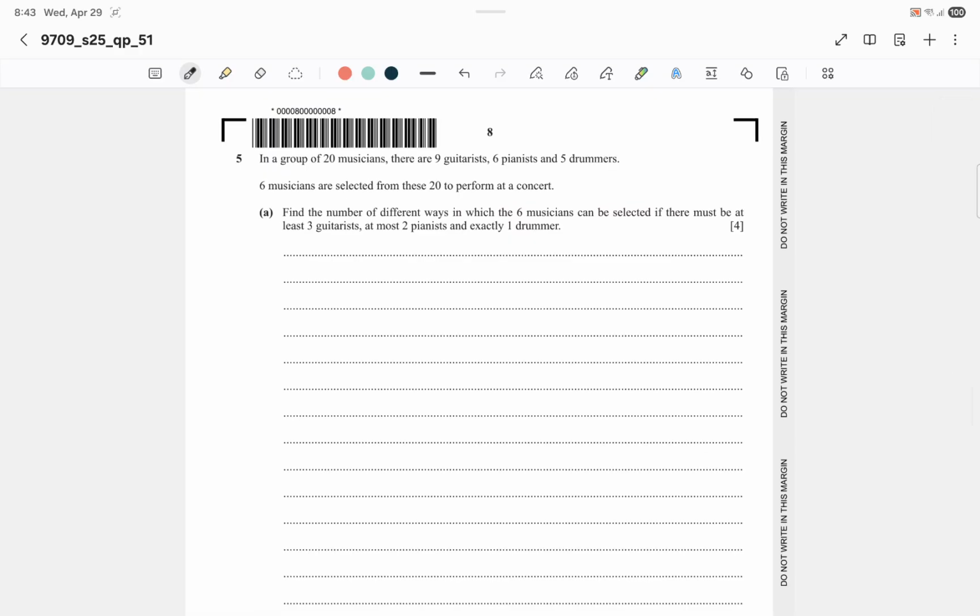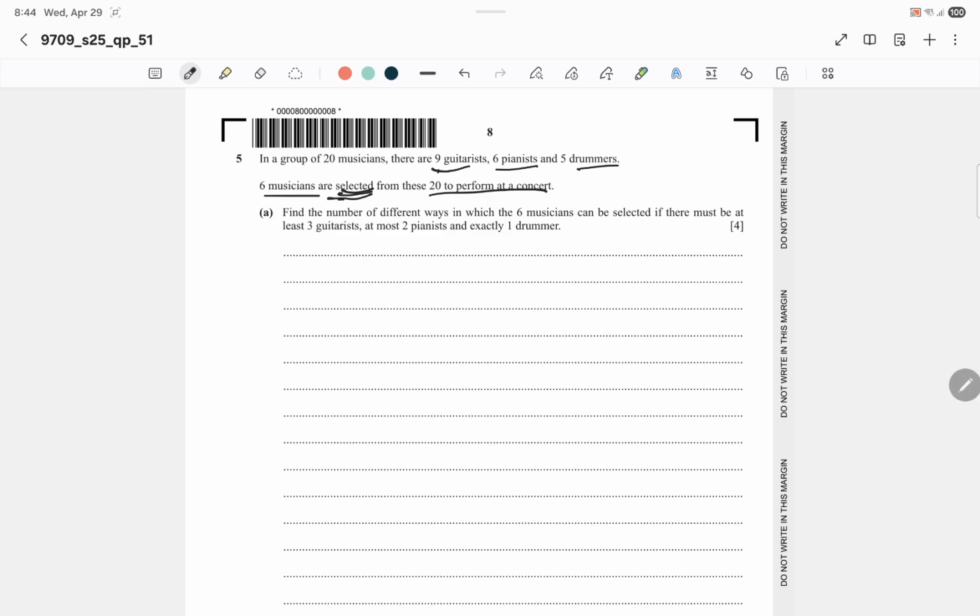In a group of 20 musicians, there are 9 guitarists, 5 drummers, and 6 pianists. Okay, from these 20, some are chosen to perform. So first of all, this is not permutation, this is combination, because we're selecting.